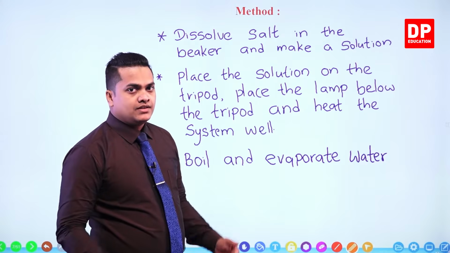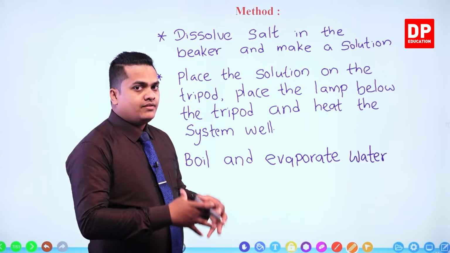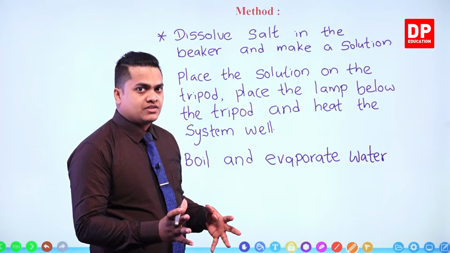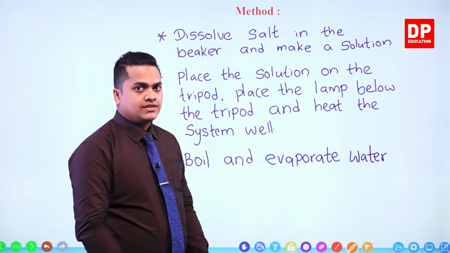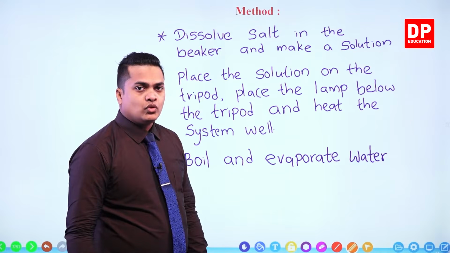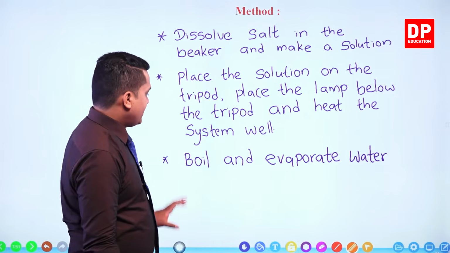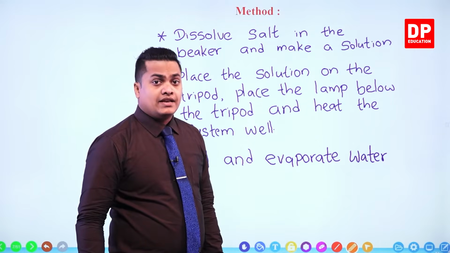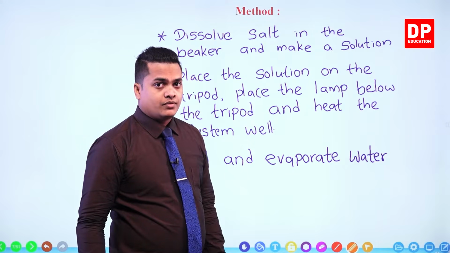We have to place the beaker on the tripod and the spirit lamp, or whatever lamp you are going to take, can be a Bunsen burner also. You have to place it underneath the beaker and heat it. Then finally, boil and evaporate water. We have to boil water and evaporate all of it, right?